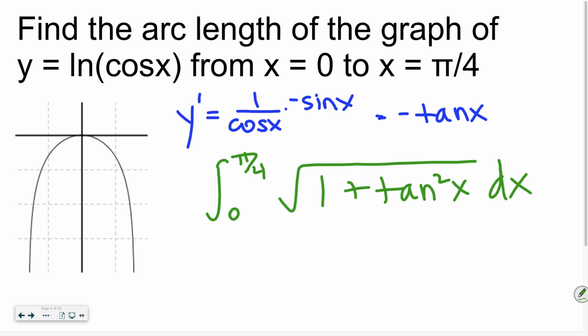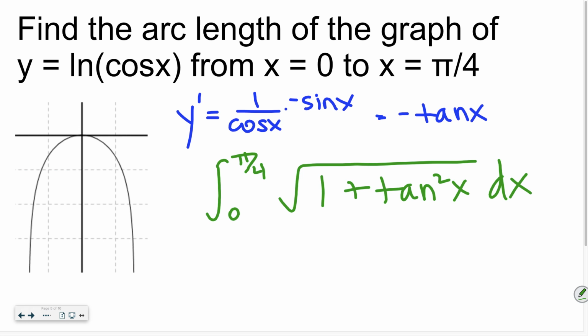Sine squared plus cosine squared is 1. Okay, now if we divide everything by cosine squared, we get sine squared over cosine squared plus 1 equals 1 over cosine squared. So tangent squared plus 1 equals secant squared.